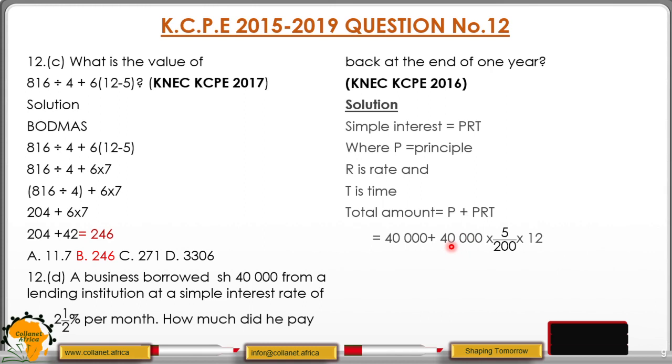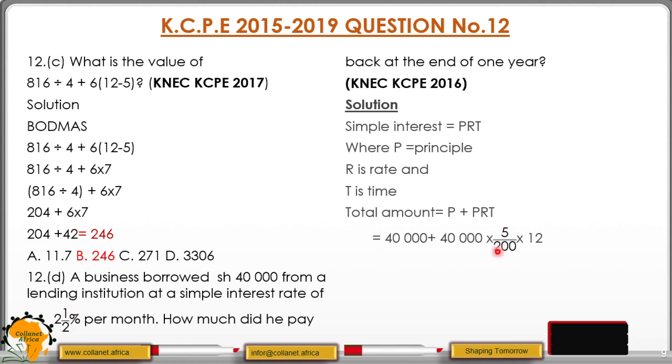You get it by 40,000 multiplied by the rate, and here you put it into a fraction. 2 times 2, you get 4, plus 1, you get 5. So 5 over 2. So it is like 5 over 200 because this is a percentage. That is why we have 5 over 200.